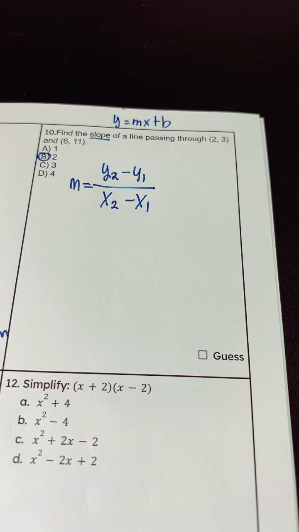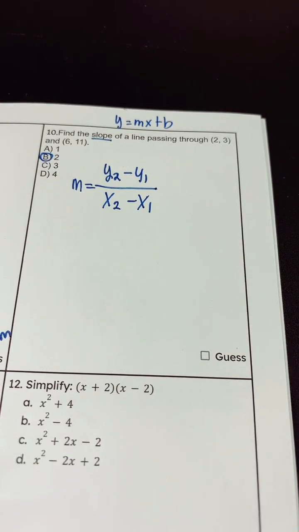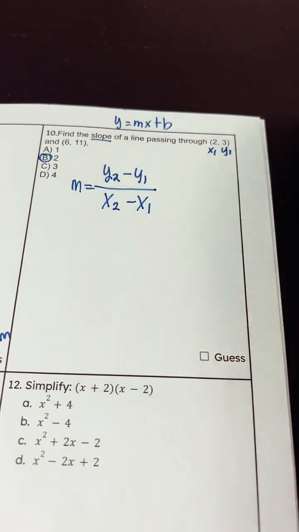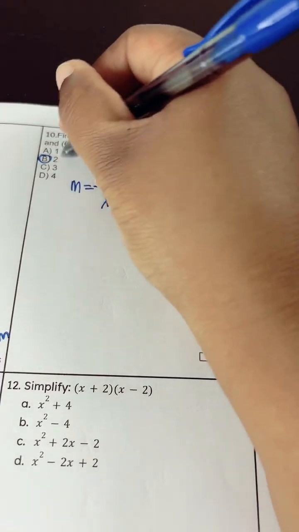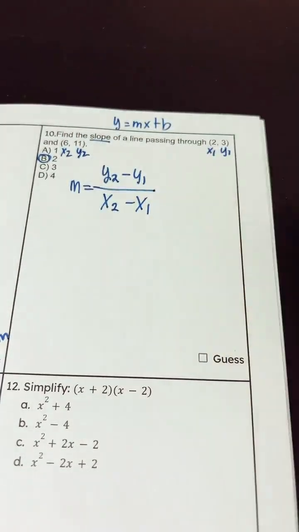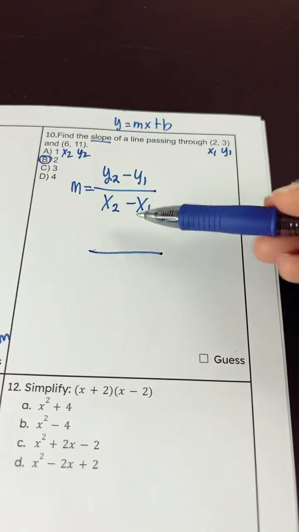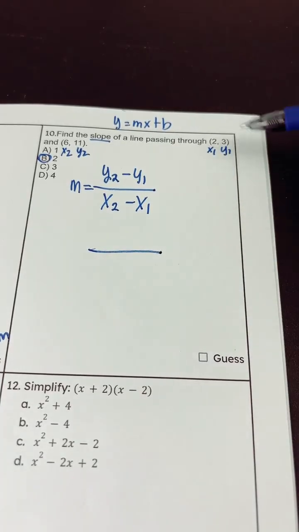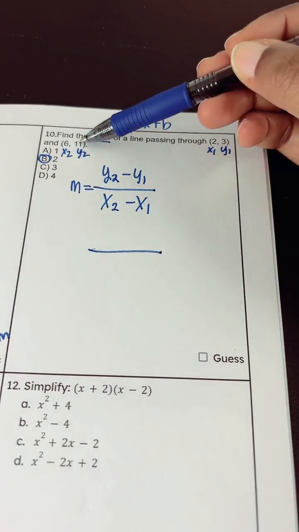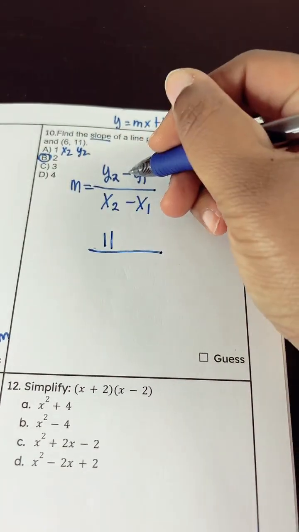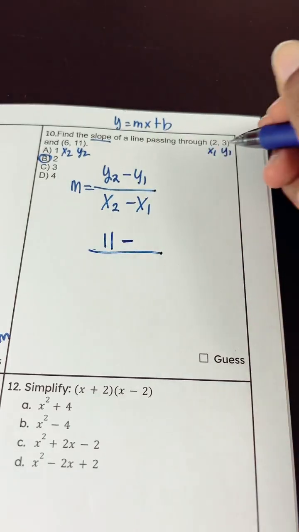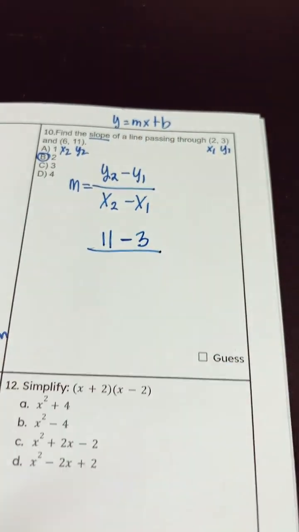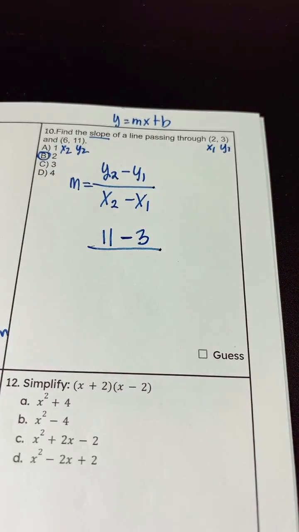All right, good. Okay, so now let's do some labeling, right? If I label this X1, Y1, X2, Y2, I'm going to fill out the top. I need you guys to help me fill out the bottom. So I'm going to take my Y2, which is 11. I'm going to subtract that, because that's the formula, from my Y1, 3. What am I writing down here? Good. Somebody says 6 minus 2.